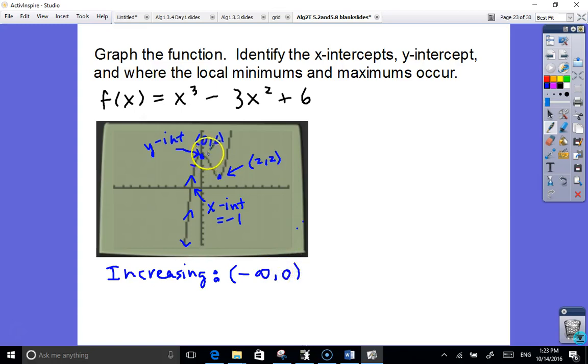Now what is it doing in between the two turning points? It's decreasing. So how can we state that interval? It's starting at 0 and it's going to 2, the x-coordinate of 2. Then what is it doing from the second turning point until the end of the graph? It's increasing, and so how could I say that interval? 2 to infinity. That's it.